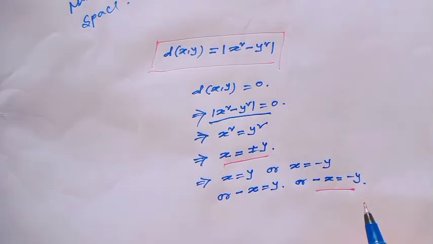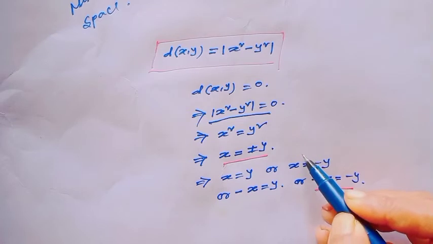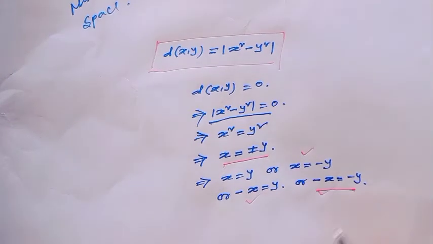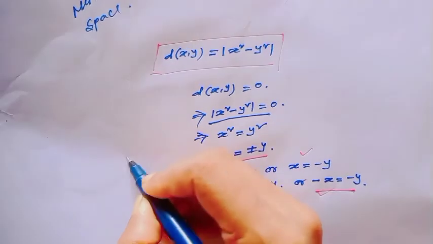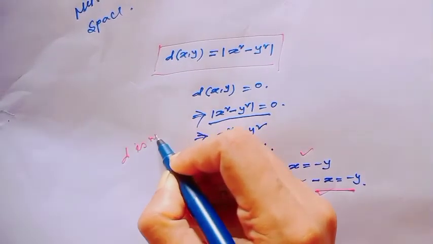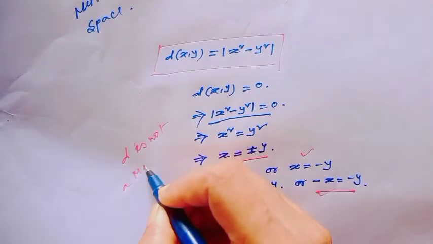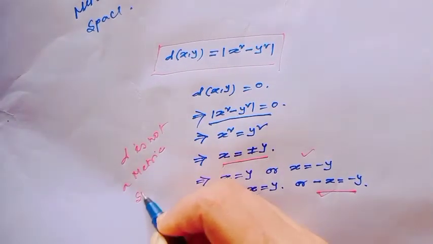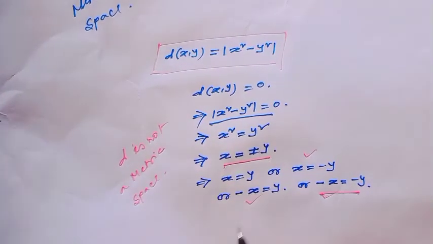That means for these conditions we can tell d is not a metric space, because for a metric space d of xy equal to 0 always implies x equal to y.